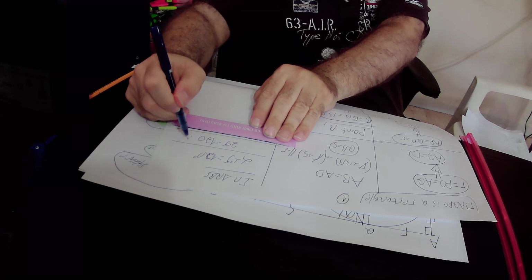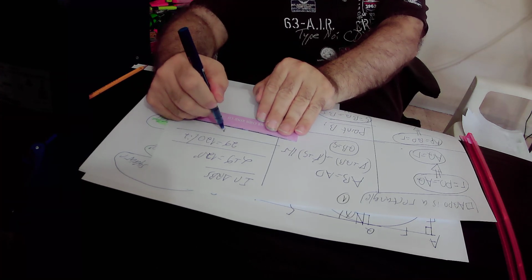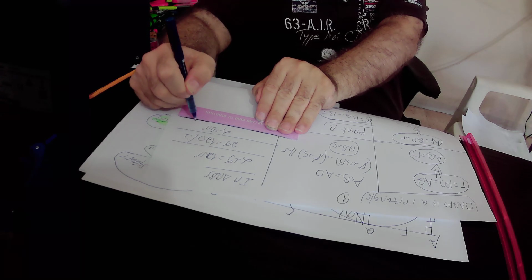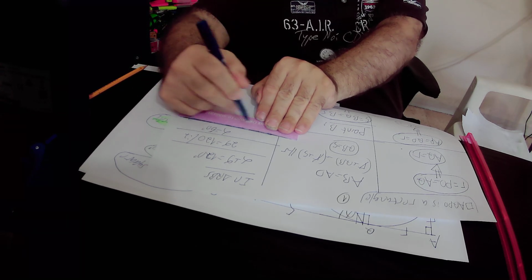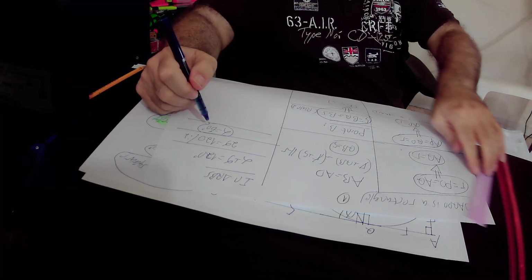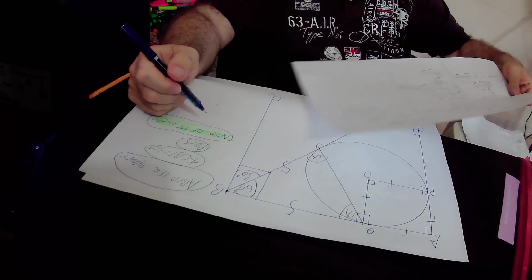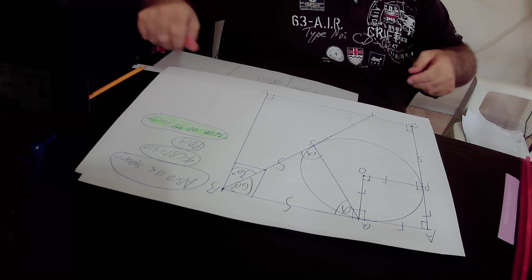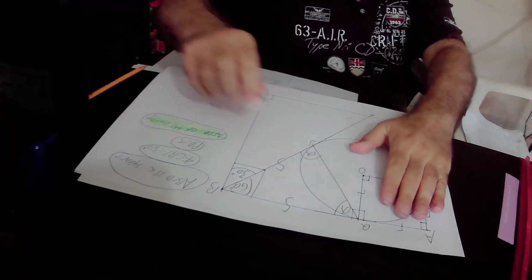We divide this equation by 2 and we get that alpha equals 60 degrees. Here alpha equals 60 degrees. So those two angles are equal to 60 degrees.